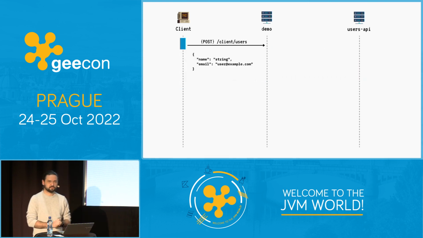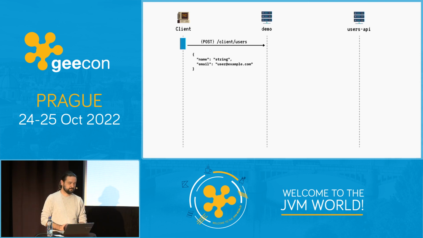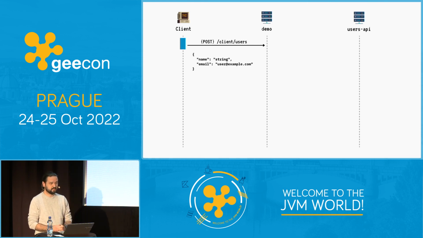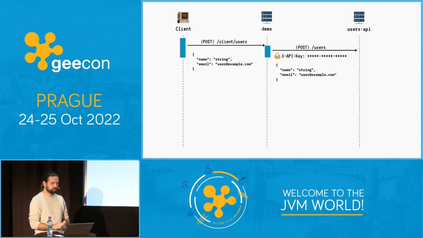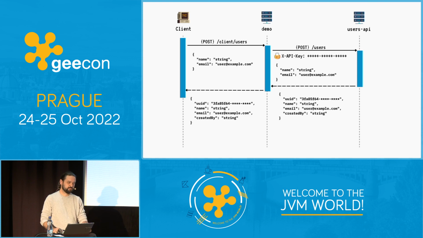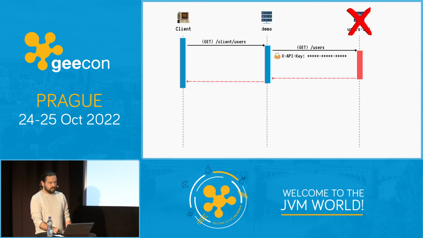But that's not all. We will also create users using this API integration. We will accept POST requests from our client, with only name and email. We will add the API key and send it to the users API, and we will get the response from that users API, passing it on to our client.